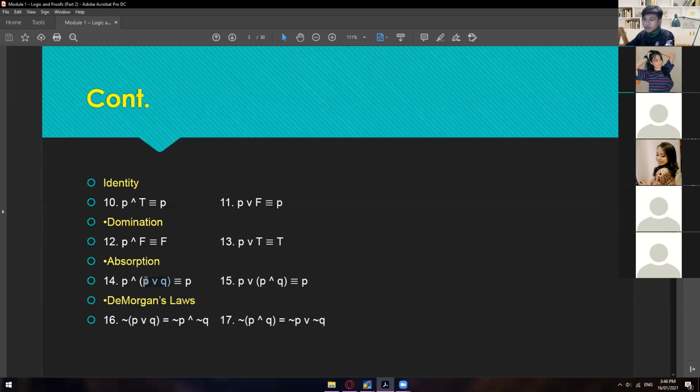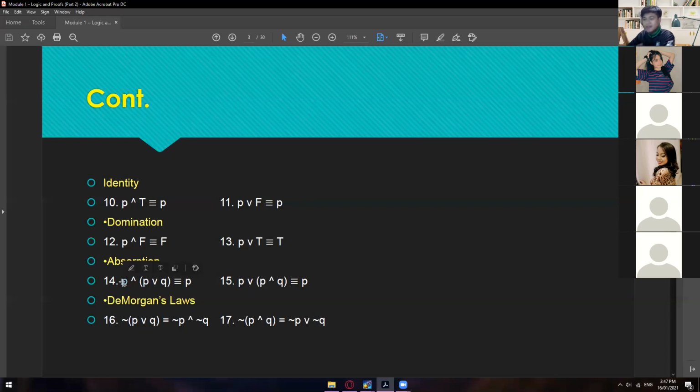Since that one is an OR, the statement inside the parentheses is already true, right? So true and true is already true. As you can see, whatever the value of P is will be our deciding value at the end.